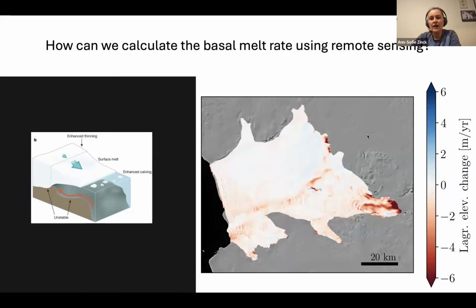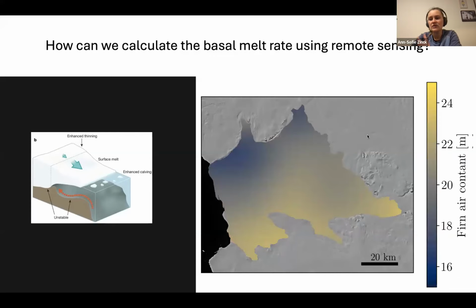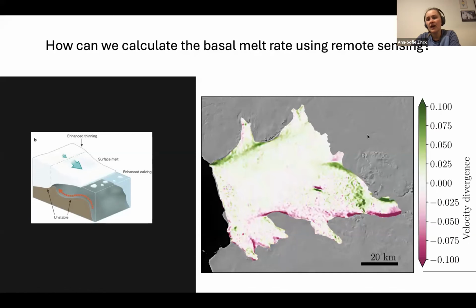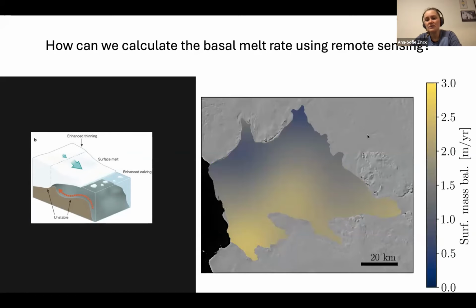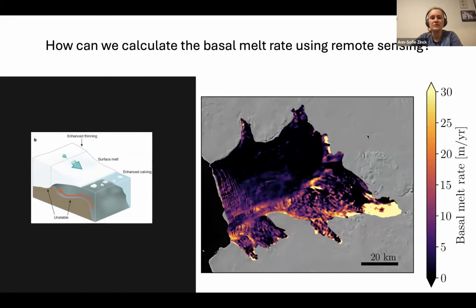With the elevation change, we can combine other data, such as the firn content and the velocity divergence, so basically how the ice flows, how it compresses and diverges, and the surface mass balance. With those inputs, we can then calculate the basal melt rate of an ice shelf using remote sensing.